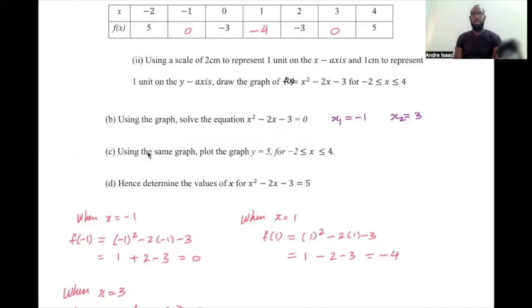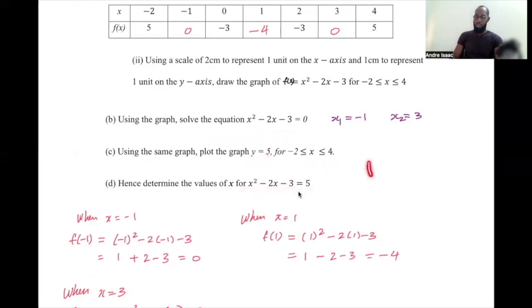And here they ask, hence determine the values of x for x squared minus 2x minus 3 equals 5. What they're trying to say is this: f of x represents a curve, and this represents a straight line, y equals 5.